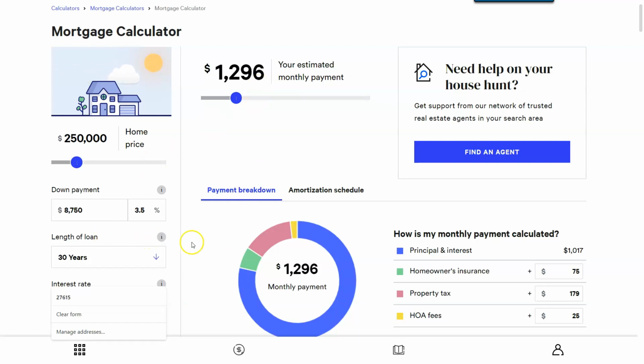Okay, so whatever your interest rate is, it's going to automatically calculate in the difference for you. Payment goes up to $14.30. Principal and interest changed here.